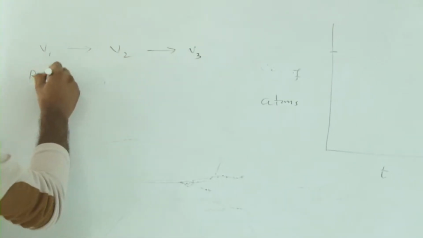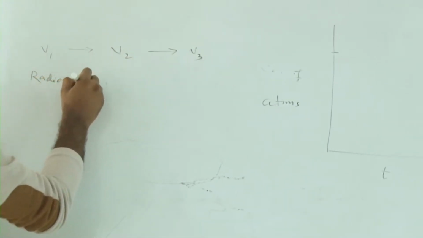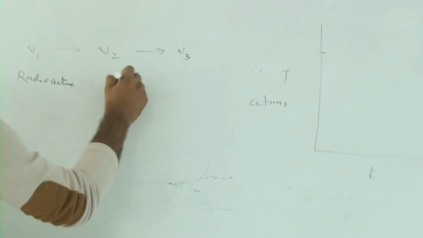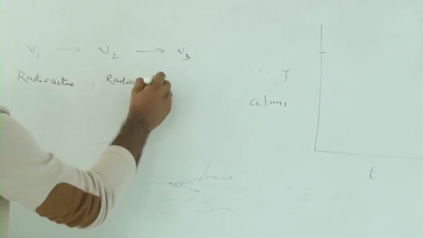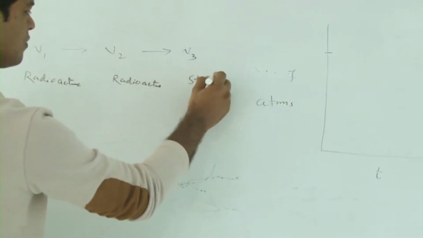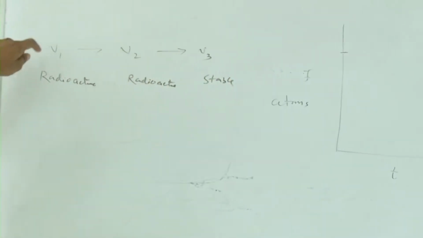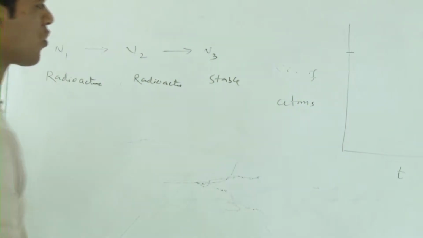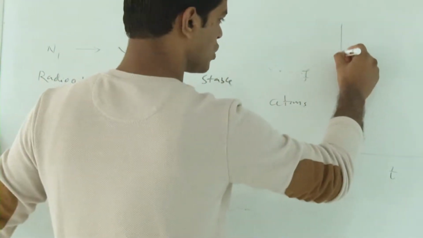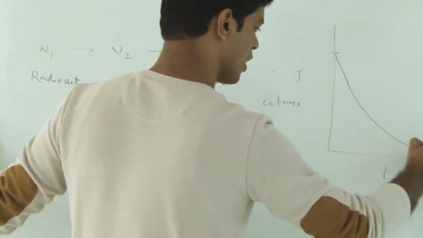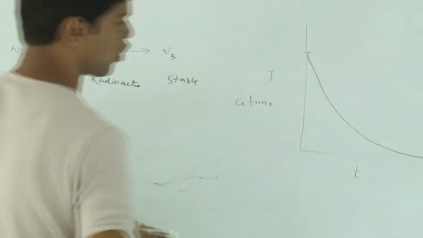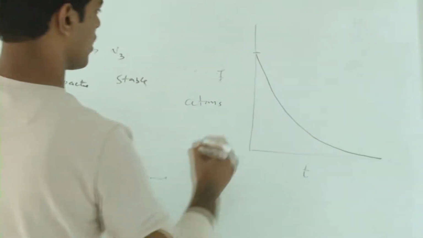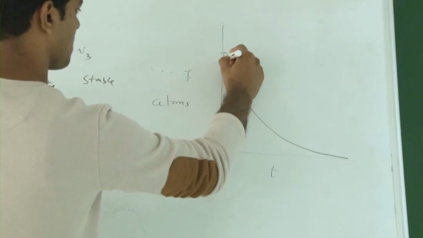N1 is radioactive, N2 is radioactive, and N3 is stable. In that scenario, N1 is only radioactive, so there is a constant loss of N1, and because the loss is through radioactive decay, it will follow an exponential trend. So, this is your N1.